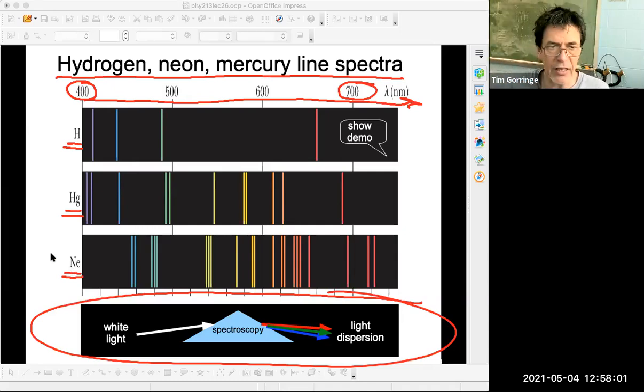And what you see is that, when you burnt the hydrogen or the mercury or the neon and saw the different colors of light, those colors are made from specific wavelengths, specific frequencies of light that are associated with this or that particular atom, associated with the hydrogen, the neon, or the helium.